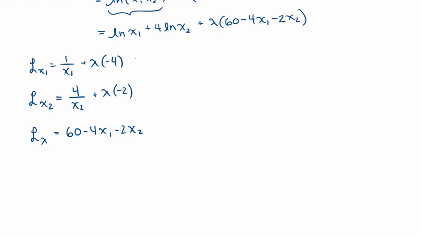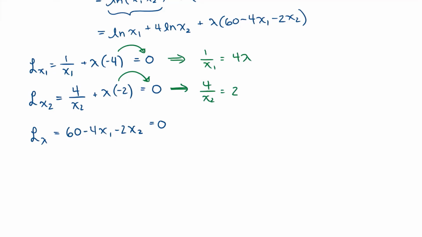Next step is to set these to be equal to 0. From the first equation, moving 4 lambda over to the other side, I get 1 over x1 is equal to 4 lambda. From the next equation, moving 2 lambda over to the other side, I get 4 over x2 is equal to 2 lambda.